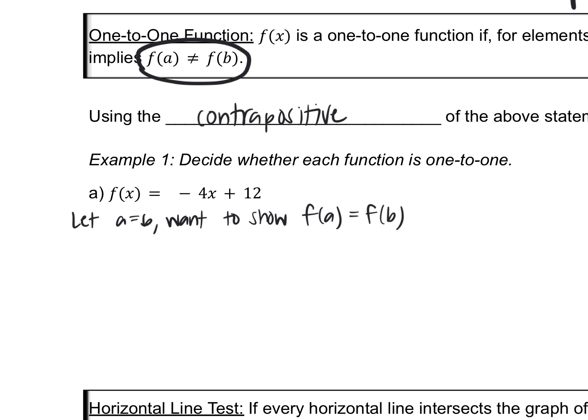So I'm just going to plug in a where x is, and I'm also going to plug in b where x is, and set them equal to each other. So we're going to set negative 4a plus 12 equal to negative 4b plus 12.